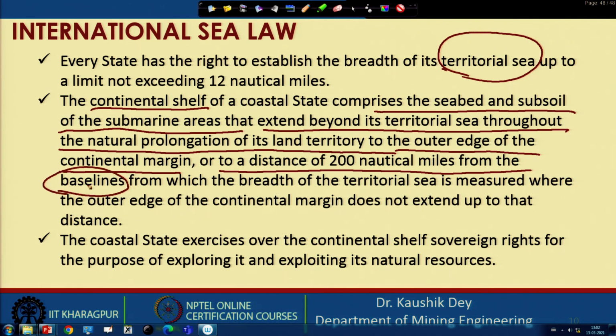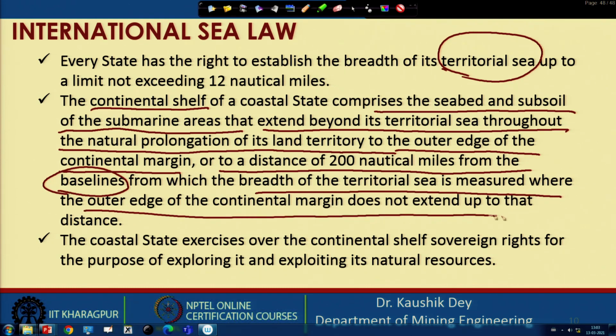The baseline we have already discussed; there is a definition of the baseline from which the breadth of the territorial sea is measured, where the outer edge of the continental margin does not extend up to that distance. This portion is directly taken from the international sea law, and this is very important.